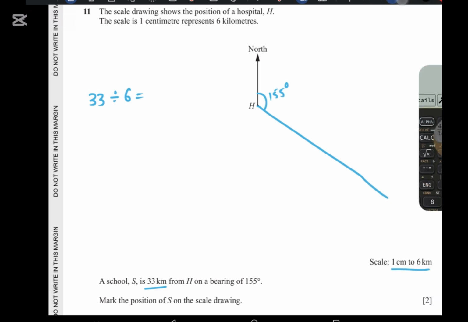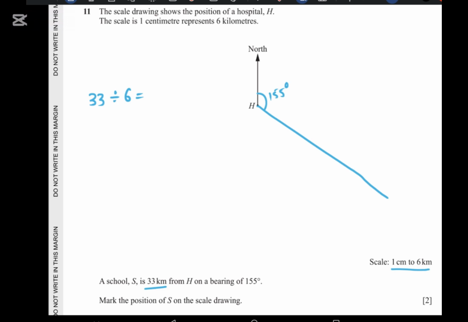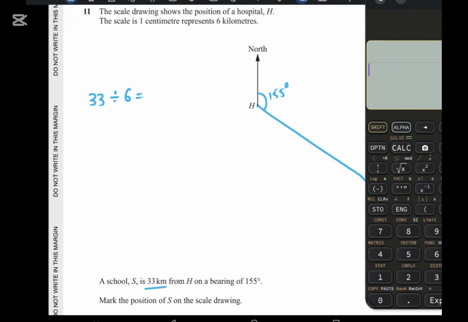Sorry, I have divided by 5. It should be divided by 6 because 1 centimeter is 6 kilometers. So 33 divided by 6 is 5.5.